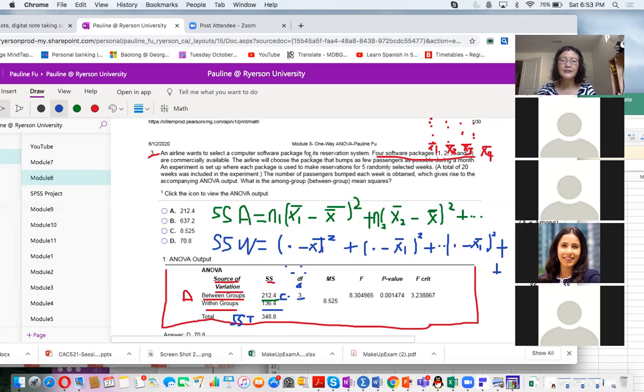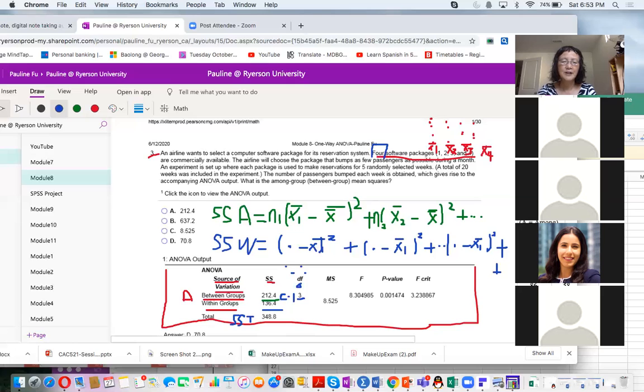And in this question, how many group? We have 4 group. So C equal to 4. 4 minus 1 equal to 3. And that is the degree of freedom between groups. Okay. Any questions?